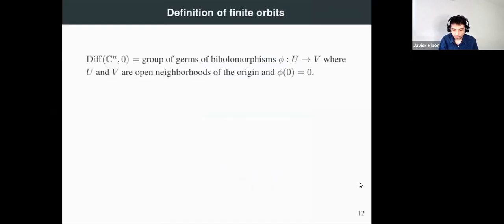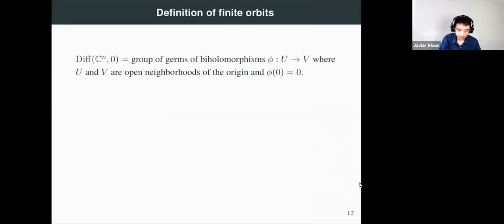More precisely, I think I'm going to be a little bit more formal for a second. You consider this group over here, the group of local biholomorphisms defined in a neighborhood of 0 in C^n, which is the group of biholomorphisms phi from U to B, where U and B are open neighborhoods of the origin in C^n, and 0 is a fixed point.